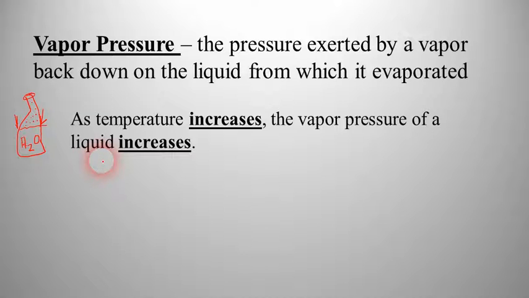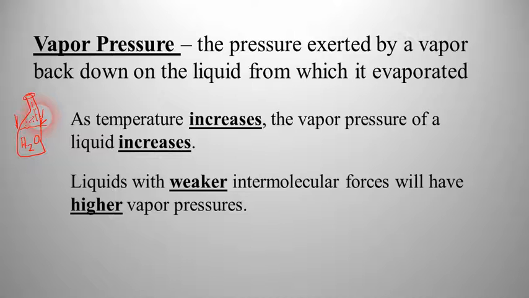As temperature increases, the vapor pressure of the liquid increases. That makes sense because as we heat up this water, perhaps out in the sunlight or in a very hot environment, higher temperatures mean more evaporation, and more evaporation means more vapor up here and more vapor pressure, of course.